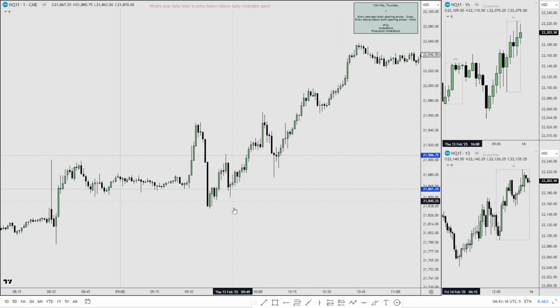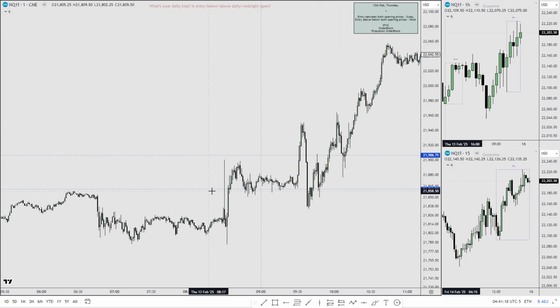You can backtest the examples of these inversion fair value gap entries, the way I use it. You will be able to see how it was the high of the days, highs and lows of sessions, highs and lows of impulses. You can backtest it and see it for yourself.